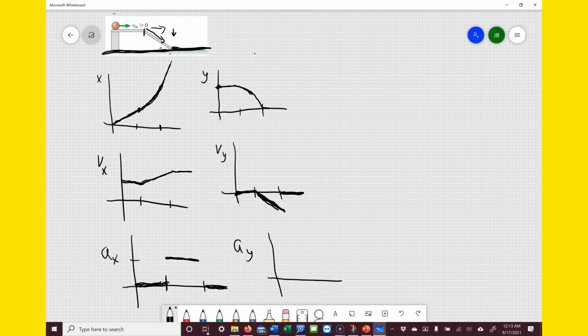And the graph of vertical acceleration will be 0, and then some constant negative value for acceleration until it gets to there, and then 0 acceleration again there.